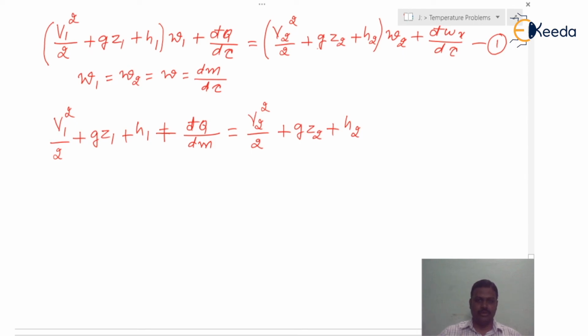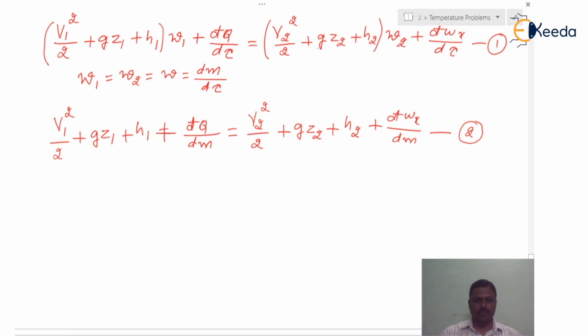Then W2 is equal to W, so W2 divided by W is 1, as we are dividing this whole equation by W. Then plus dWx divided by dm. Here also it is the same as dq divided by dm. Let us take this one as equation 2.